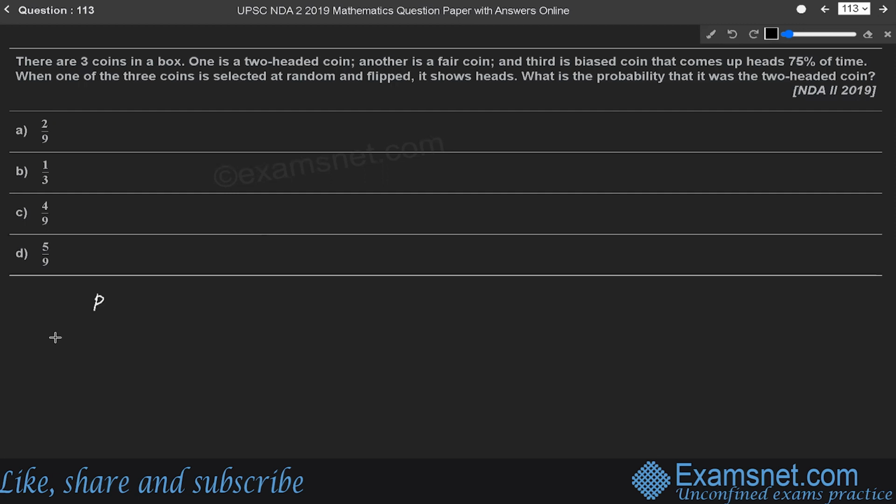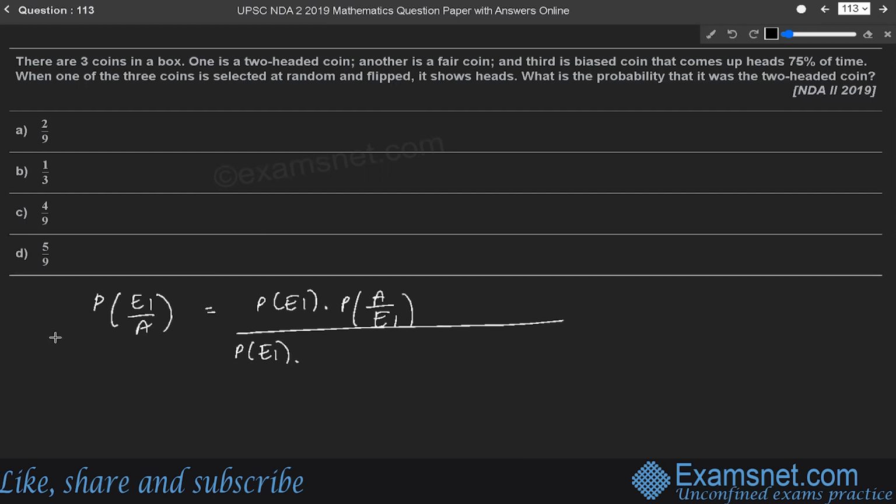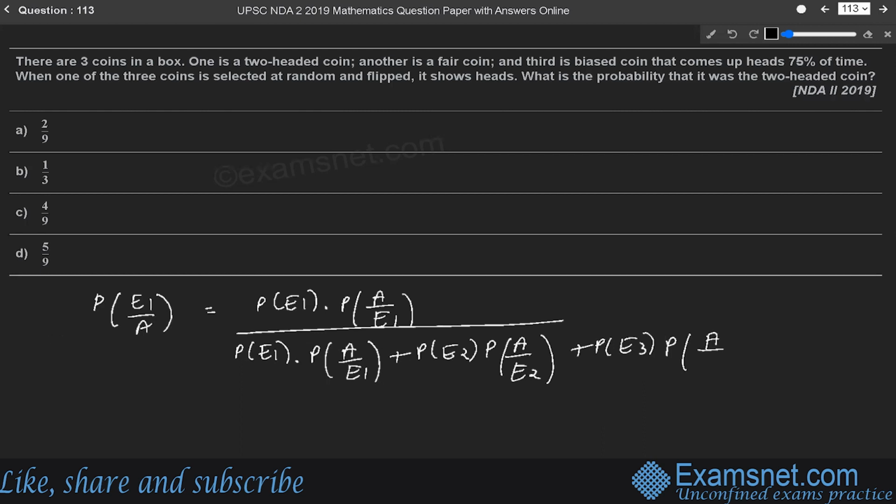So, the probability of the event A will be equal to P of E1 into P of A upon E1, divided by P of E1 into P of A upon E1 plus P of E2 into P of A upon E2 plus P of E3 into P of A upon E3.